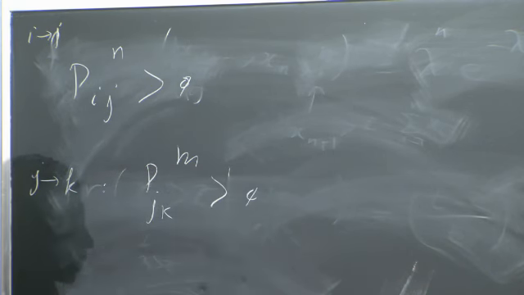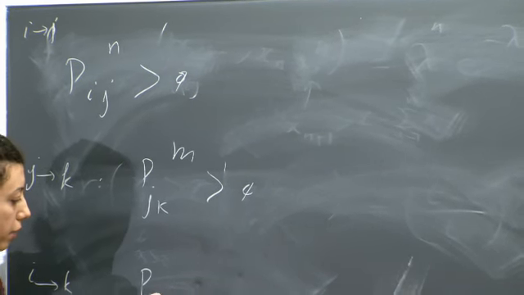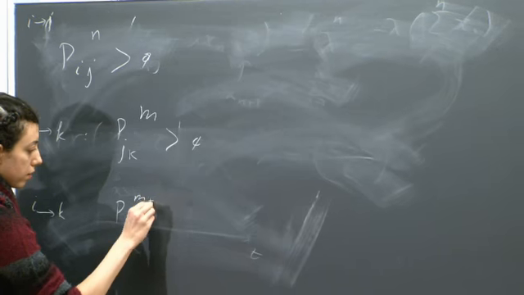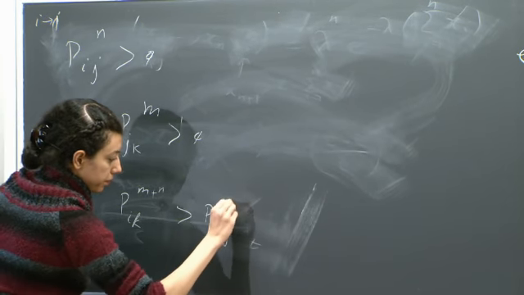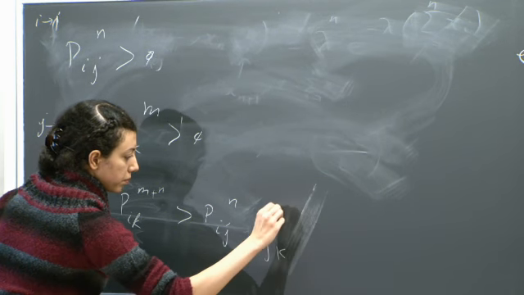So looking at i to k, I can say that P_ik^(m+n) is greater than or equal to P_ij^n times P_jk^m.